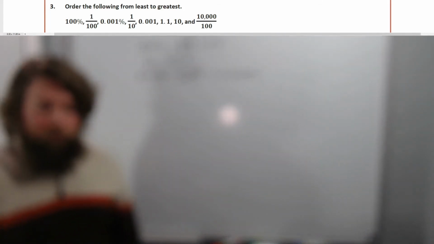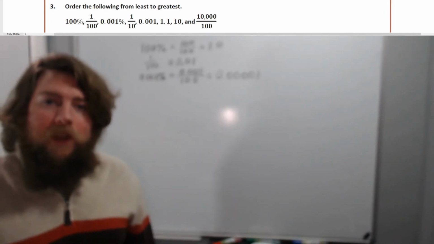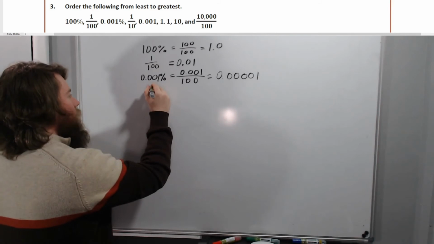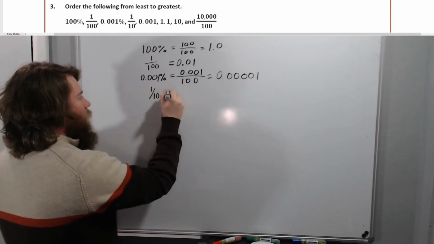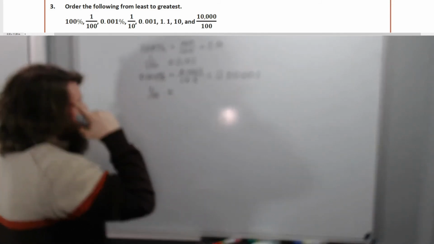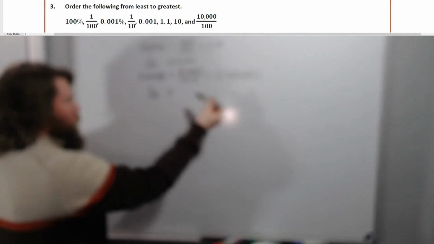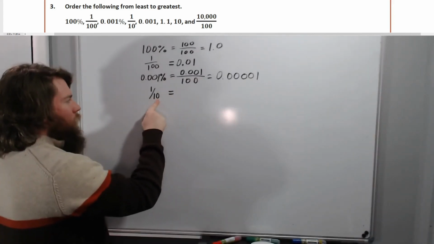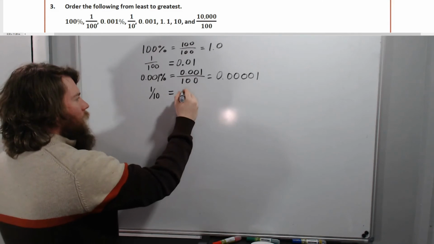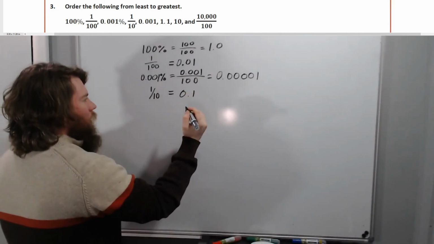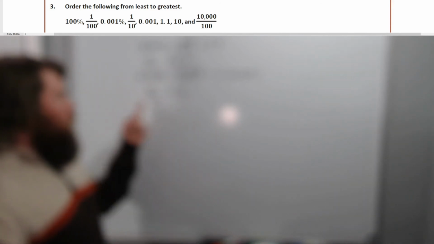Really small number. Next, we have 1/10. We're dividing by a power of 10, so the decimal is going to move to the left. We only have one 0 this time, so it's only going to move 1 spot. 0.1. Another kind of easy one.